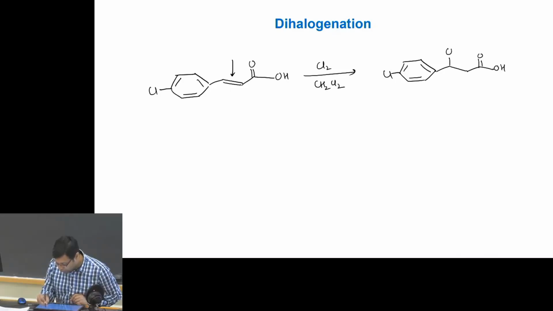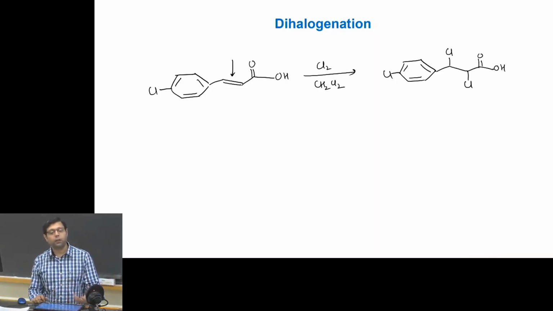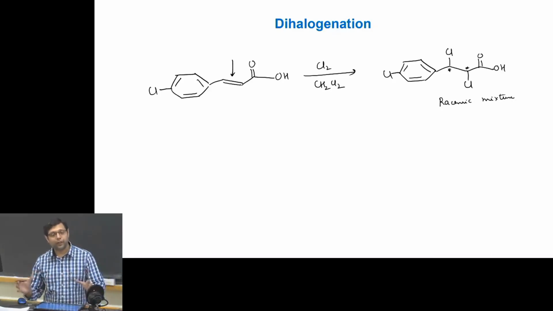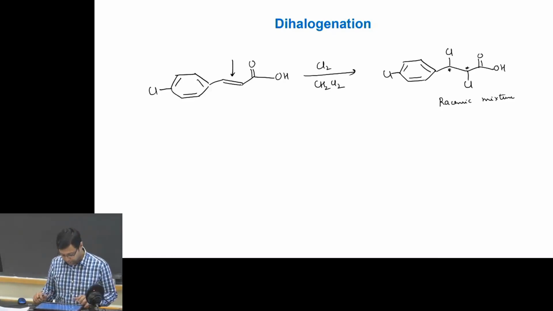So you don't need to use bold and dotted. Just write the chlorines to each of the double bonded carbon. All right. Now, as you can see, you are forming two chiral centers as a result of this reaction. All right. And you will get a racemic mixture. Keep that in mind. You'll get equal amounts of both the enantiomers. All right. Let's take another example.